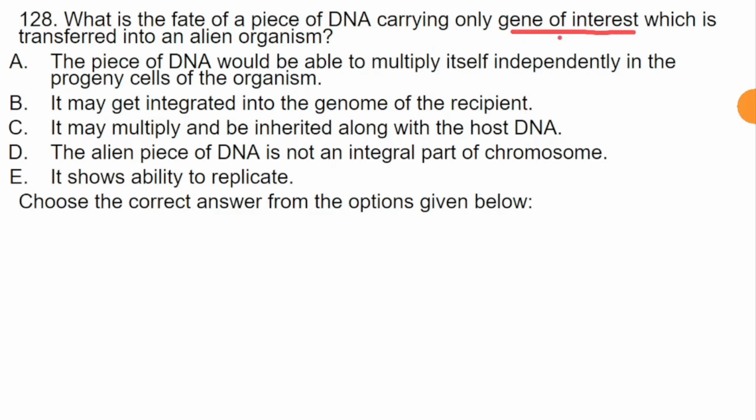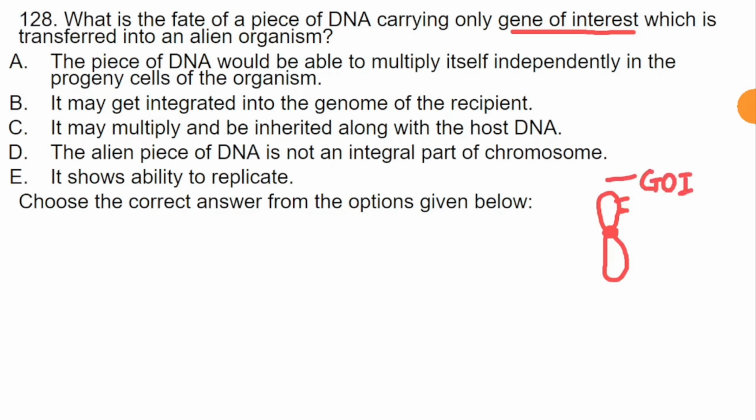So generally, if this is the chromosomal DNA, it will be treated with restriction enzyme and a piece of DNA will be removed. This will contain the gene of interest.